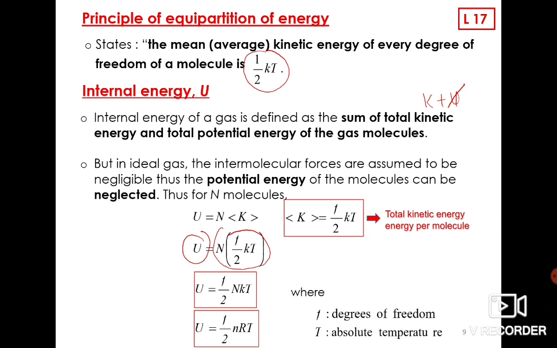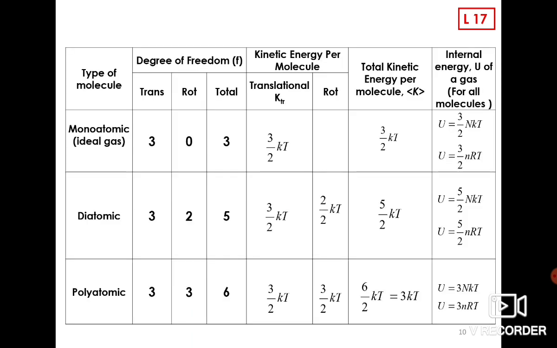Okay, so this table represents the number of degrees of freedom. For monoatomic gas, translational is 3, rotational is 0, so the total is 3.